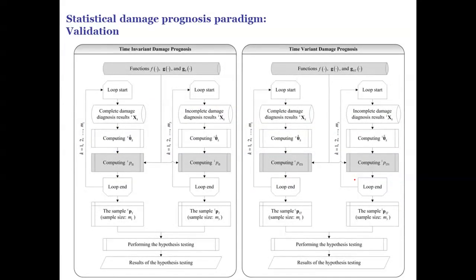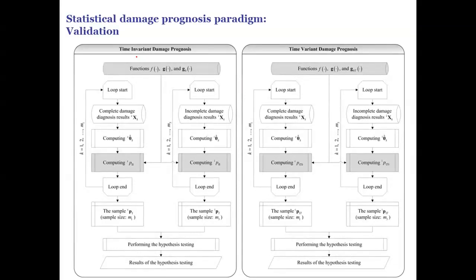Based on the 3 selected scenarios, we can even extrapolate this scheme to form this kind of structural damage prognosis paradigm. It's a generic paradigm that is applicable to pretty much all sorts of damage prognosis scenarios.